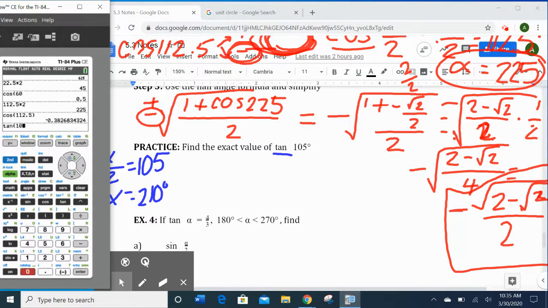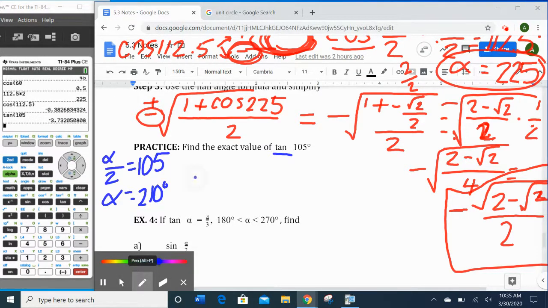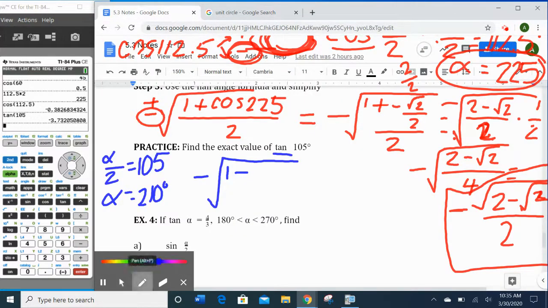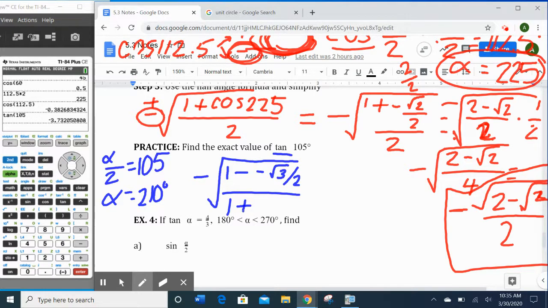The tangent of 105 is negative, so I know that I want my answer to be negative square root of 1 minus cosine of 210. The cosine of 210 is negative root 3 over 2, over 1 plus cosine, so 1 plus negative root 3 over 2.